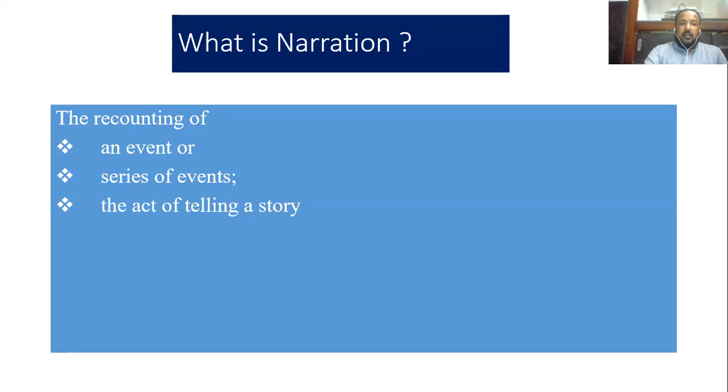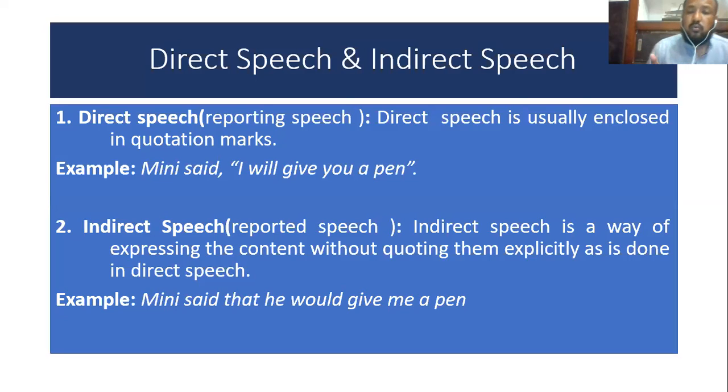Narration is the recounting of an event or series of events, or the act of telling a story. Then there are two basic forms of it. One is direct speech. Second is indirect speech. Those words which are within the inverted commas, we term them direct speech.